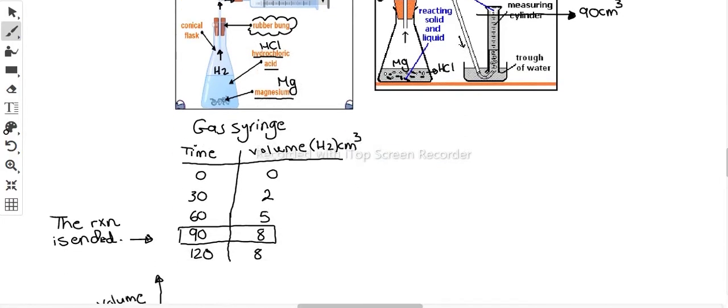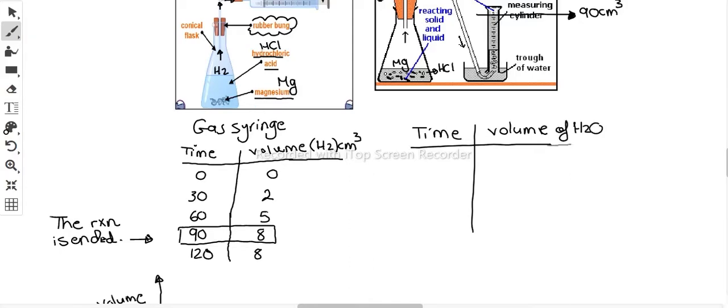So another time, what will happen inside my second experiment? What are my data? I will have the time, and I will have, in this situation, the volume of water, since I'm going to collect over water. I'm going to read the water level.